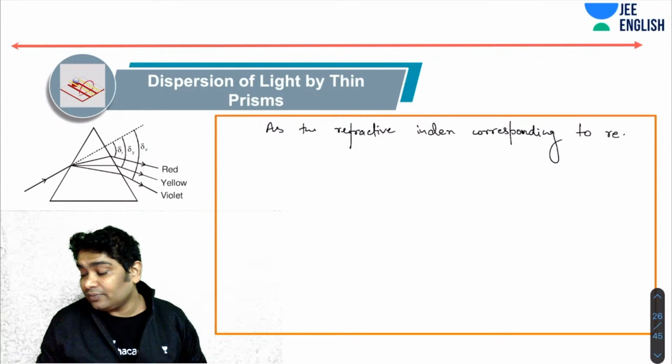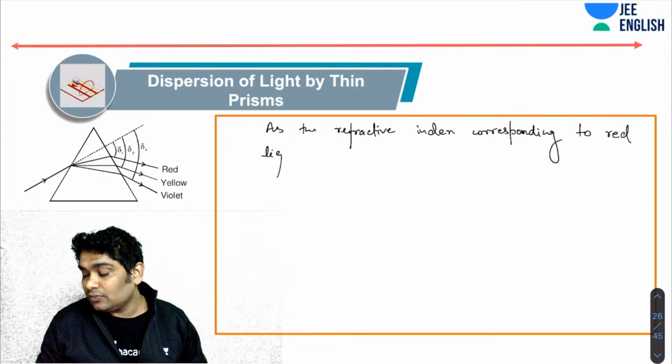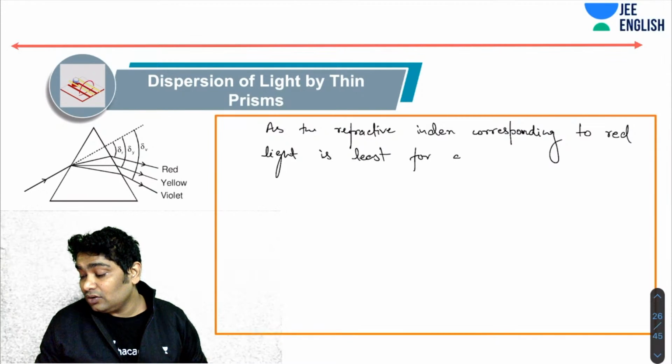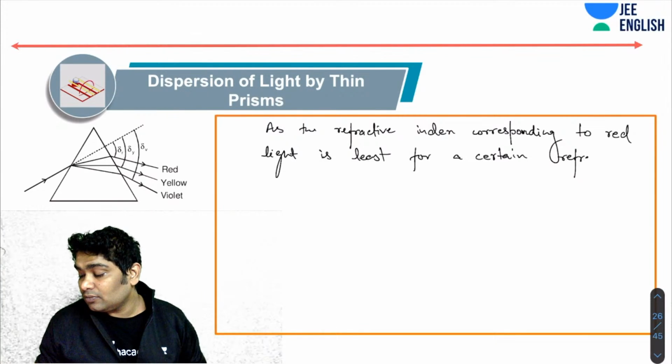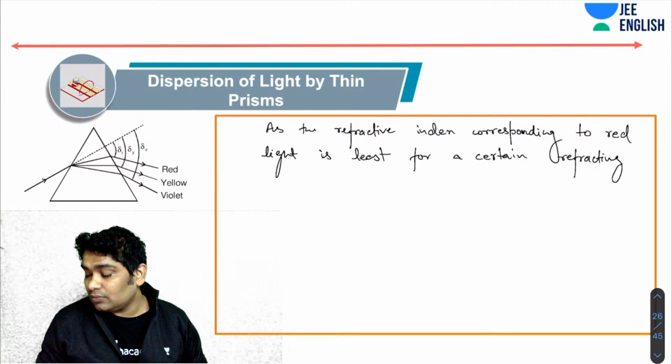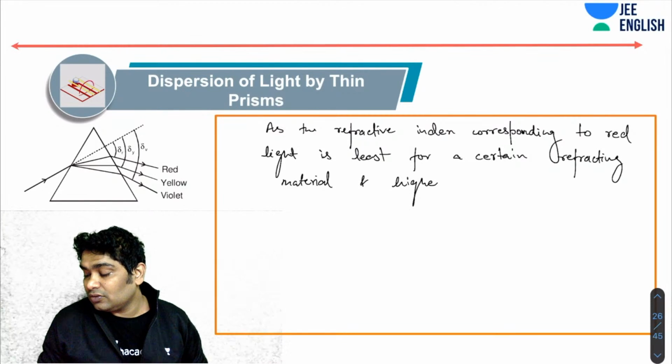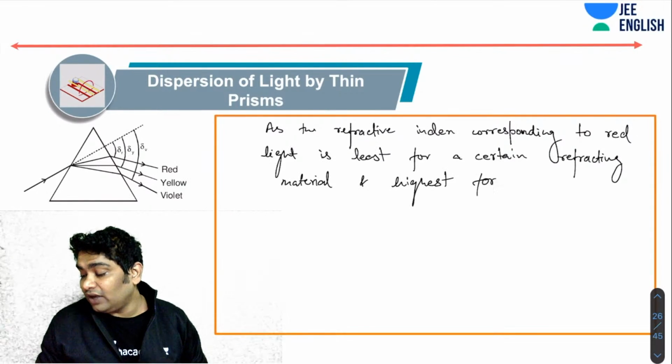Red light is least for a certain refracting material, and highest for violet color.